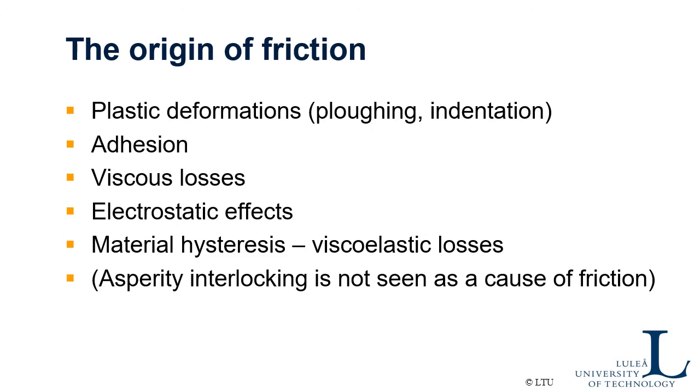That people saw asperity interlocking as an important origin of the friction. But nowadays we don't see that. Asperity interlocking comes into the plastic deformation and adhesion explanations of why there is friction. So we should forget about asperity interlocking.